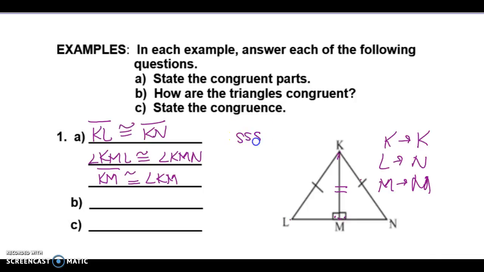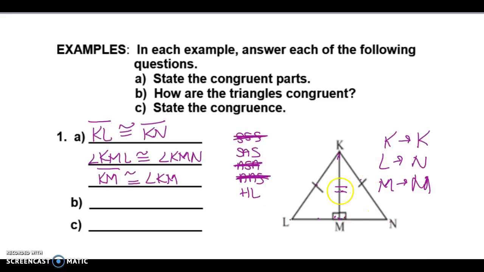Now I need to decide if the triangles are congruent. Remember, I have side, side, side, side, angle, side, angle, side, angle, angle, angle, side, and now hypotenuse leg. Now, I do not have three sides that are marked, so I know that it can't be side, side, side. This has two sides and an angle, so it might be side, angle, side. It doesn't have two angles and a side, so it can't be angle, side, angle, or angle, angle, side.